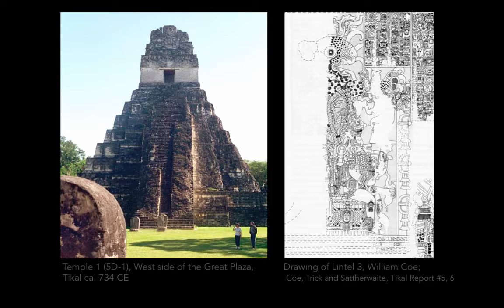And in Maya architectural sculpture, as in many cultures globally, they carved on the inside of the lintels. They used the lintel itself as a surface for architectural sculpture. And also they used very wide lintels that helped to create a larger surface for sculptural programs.